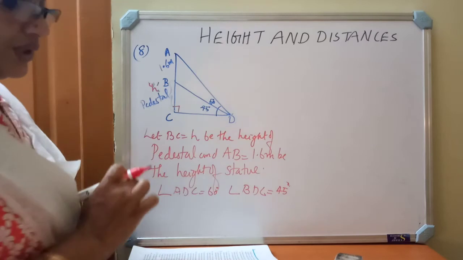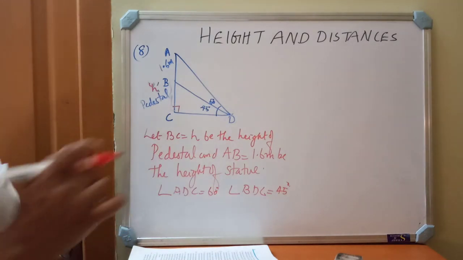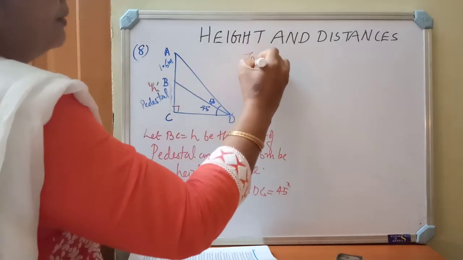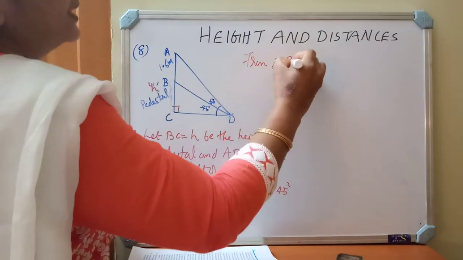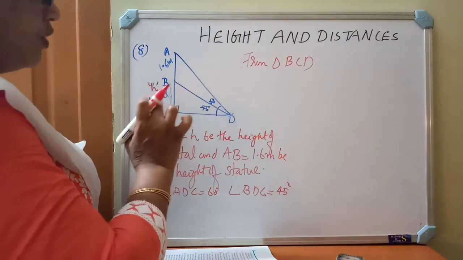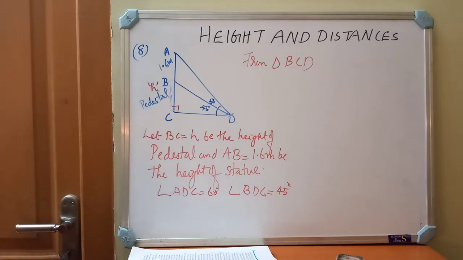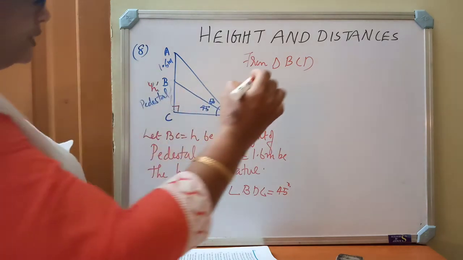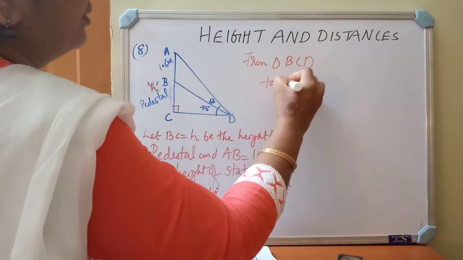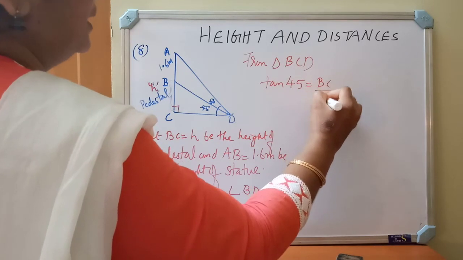First write from triangle BCD. This triangle I am considering first. Opposite by adjacent. Which trigonometric ratio can we consider? BC by CD, tan, isn't it? So tan 45 is equal to BC by CD.